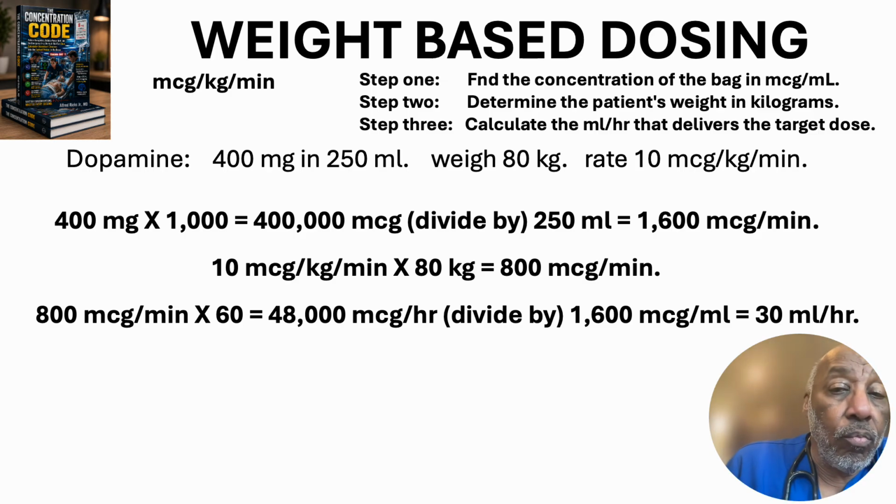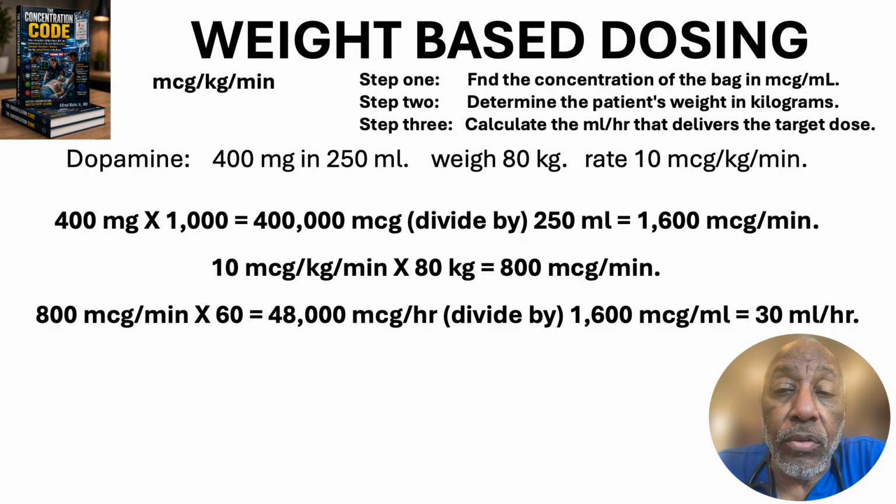Step 2, calculate the dose in micrograms per minute for this patient. 10 micrograms per kilogram per minute times 80 kilograms is equal to 800 micrograms per minute. The patient needs 800 micrograms of dopamine delivered every minute.